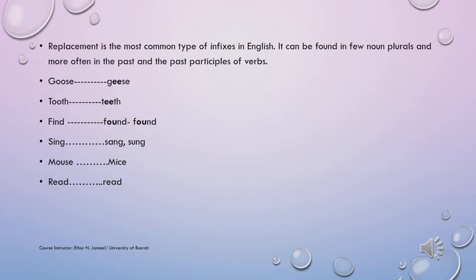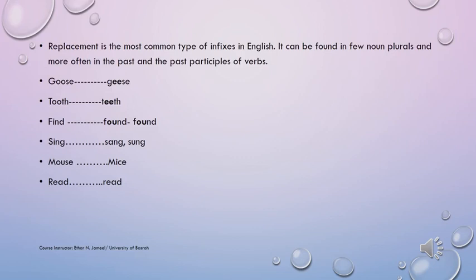Look at this example. In order to make the past of sing, we did not say singed with the past participle. We say sang and sung. So we have infixes when changing the verb from its base form into its past and past participle.